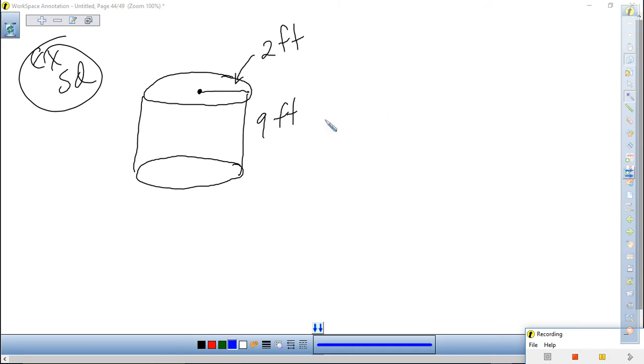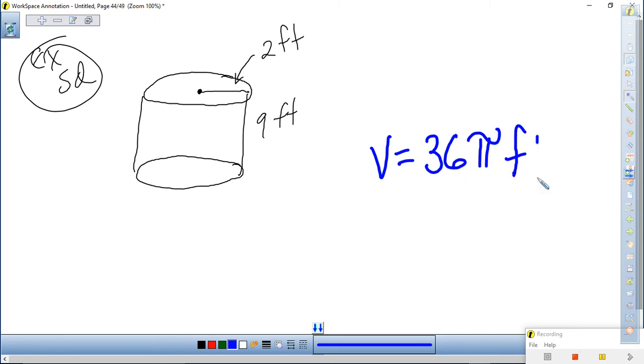Volume of the cylinder is 36 pi feet cubed. Hands if you got that. Who went the extra step and multiplied times 3.14? Anyone? Julian, what'd you get? Why am I always the ghost of this room?